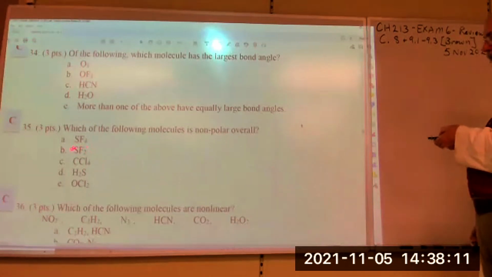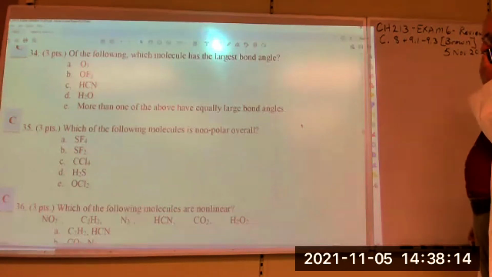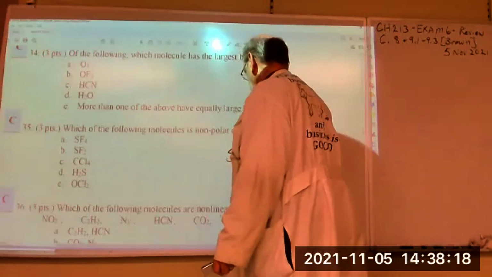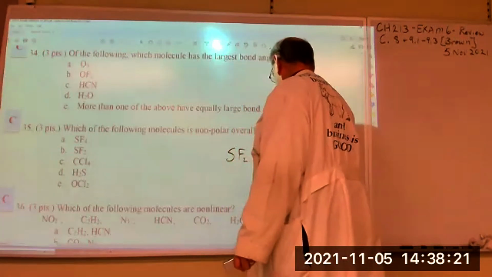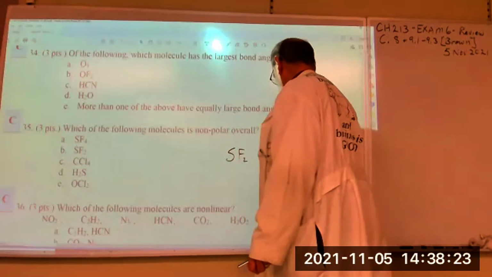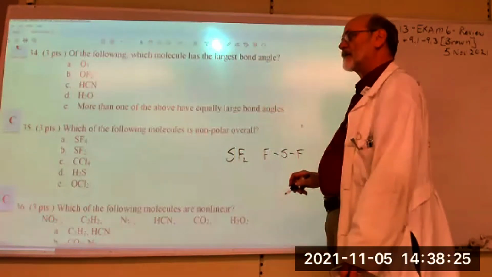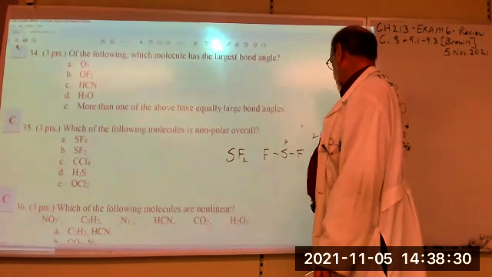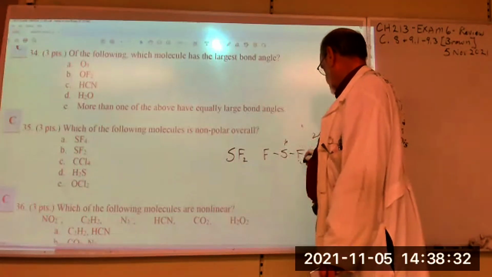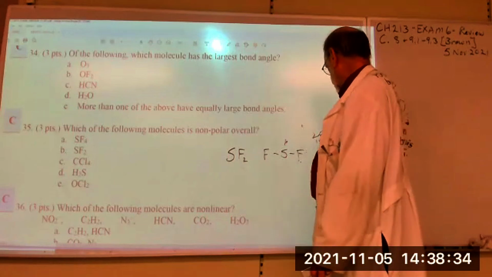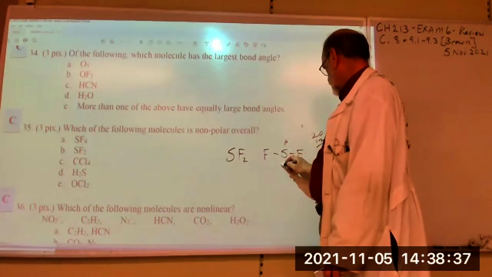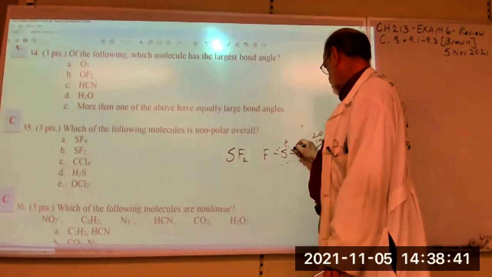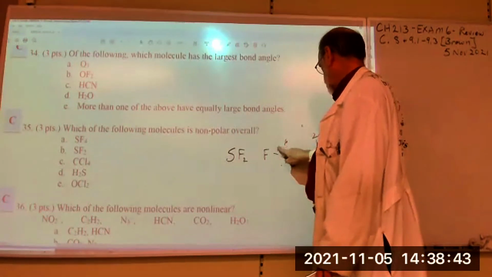SF2. What is that one? SF2. Sulfur is 6, 7 each there, so that's 14, 20. Oh no, I'm sorry.